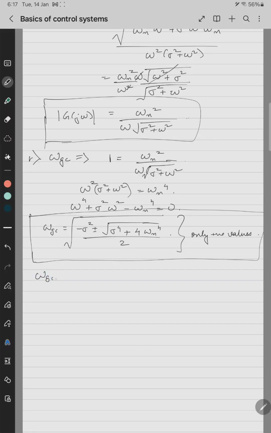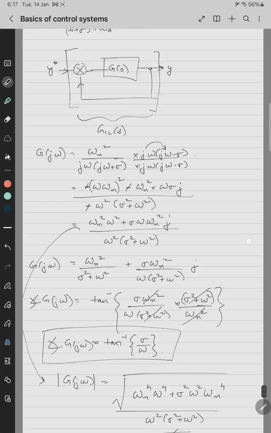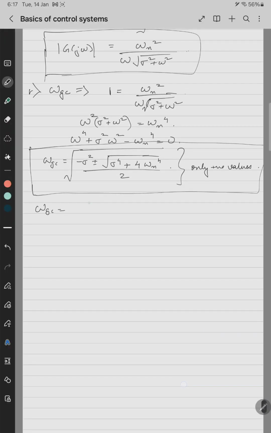So omega gc is what? Sigma is zeta into omega n. Zeta into omega n. Minus zeta square omega n square plus square root of zeta to the power 4 omega n to the power 4 plus 4 omega n to the power 4, divided by 2.